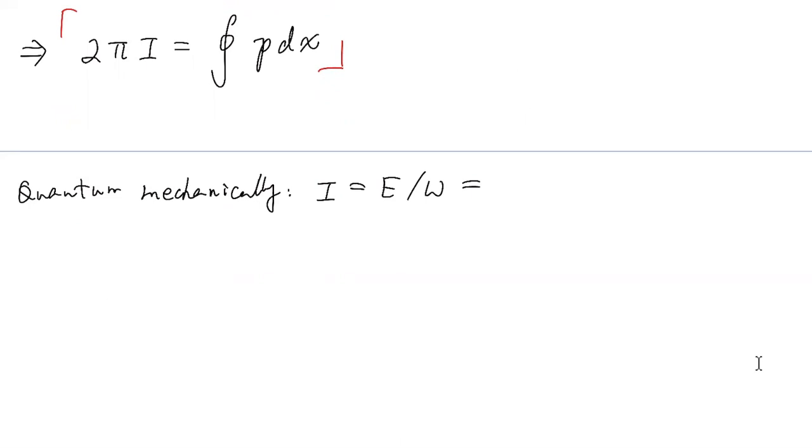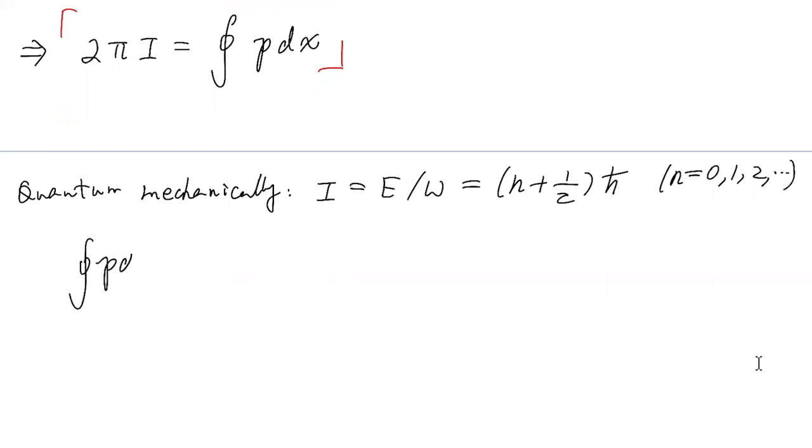Therefore, quantum mechanically, this adiabatic invariant is equal to (n plus 1/2) h bar, where n is the quantum number. That means this p dx is actually equal to 2 pi I, which gives you (n plus 1/2) h, where h bar is h over 2 pi and h is just the original Planck constant.